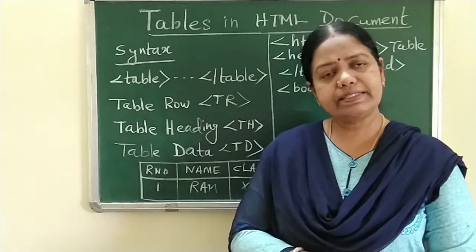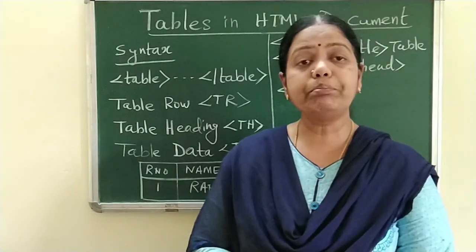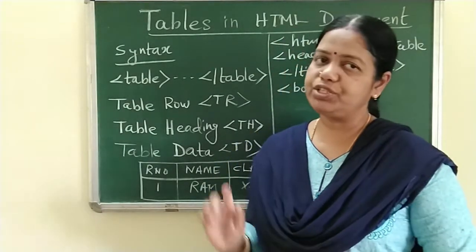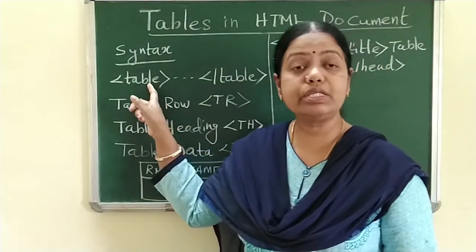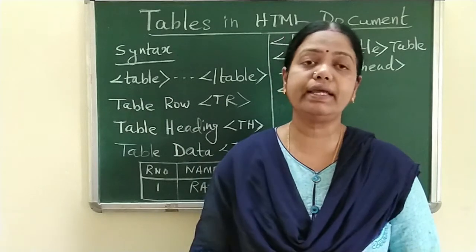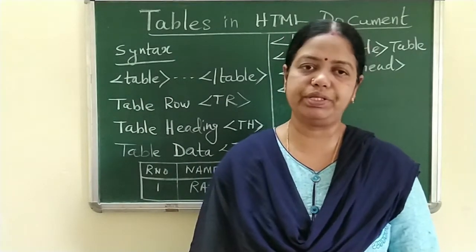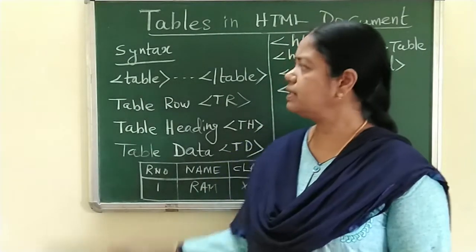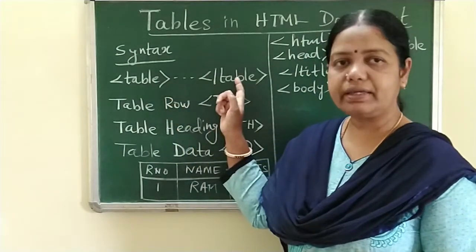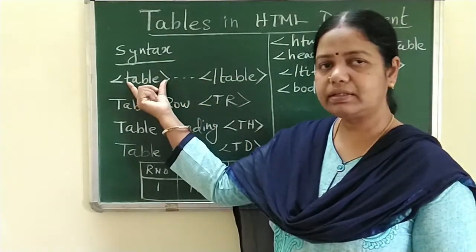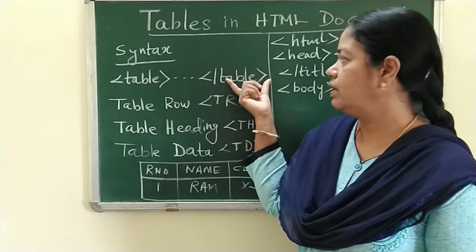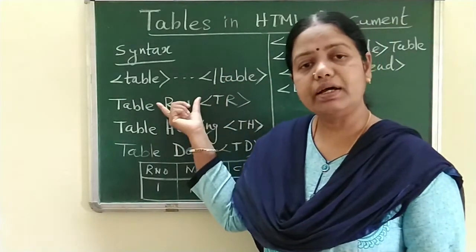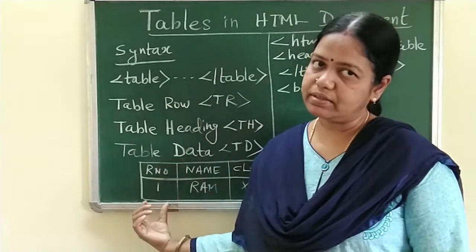Now, let us see how to create a simple table in HTML. The table tag is used to insert a table in the web page. The general syntax for the table tag is table tag and close table tag. Here are some of the table related tags.